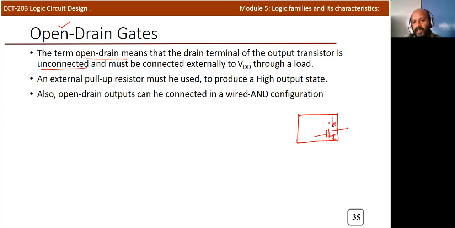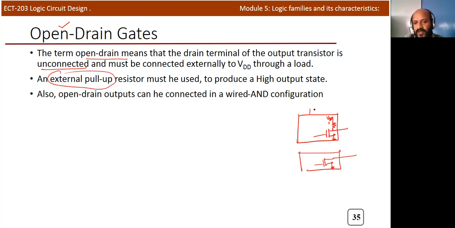Usually we will connect this terminal to a VDD point, but in the case of open drain configuration, this transistor output point will not be connected to any VDD. It will be in the unconnected form. So an external pull-up resistor must be connected.